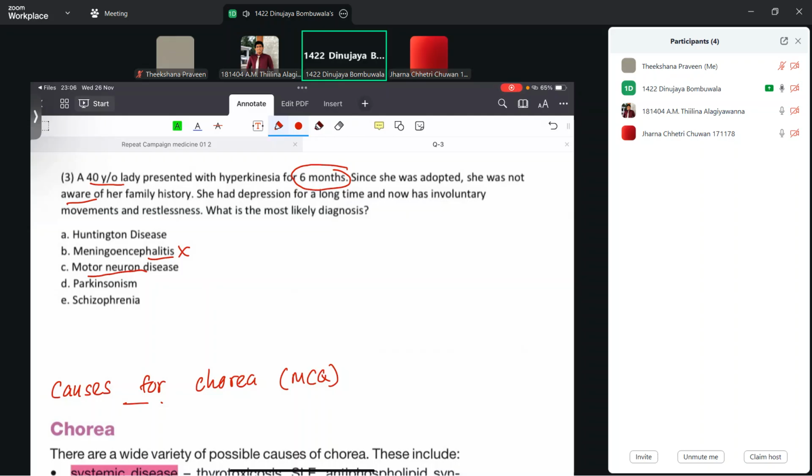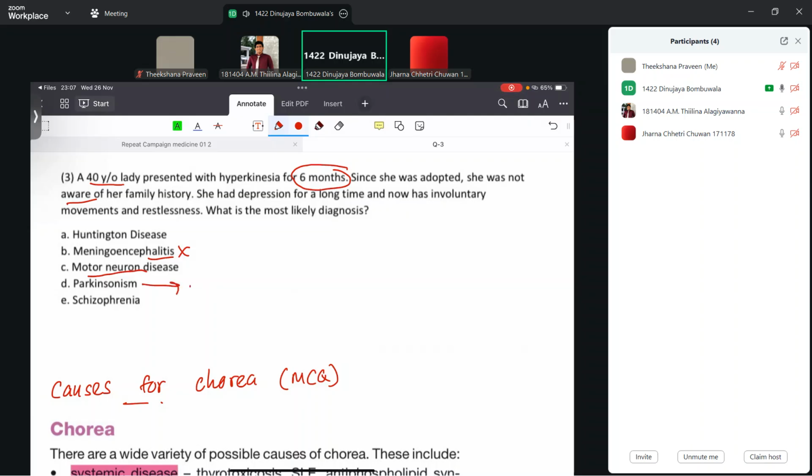Lower motor neuron sign: muscle twitching and fasciculation. Except for fasciculation, no other involuntary movements in motor neuron disease.